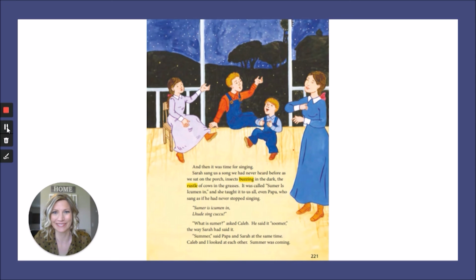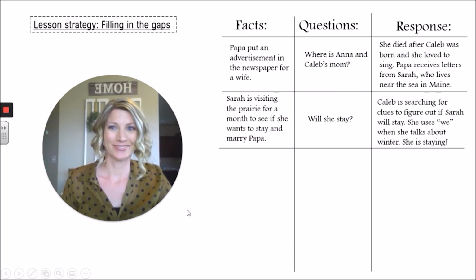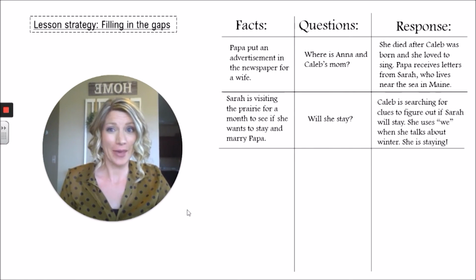"What is Sumer?" asked Caleb. He said it Sumer, the way Sarah had said it. "Summer," said Papa and Sarah at the same time. Caleb and I looked at each other. Summer was coming.